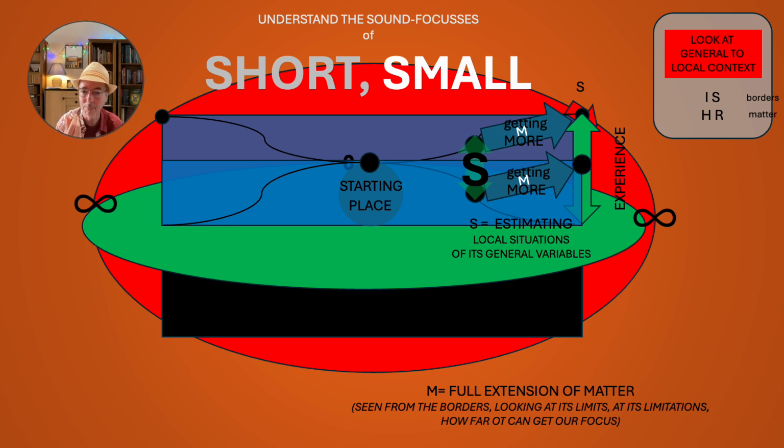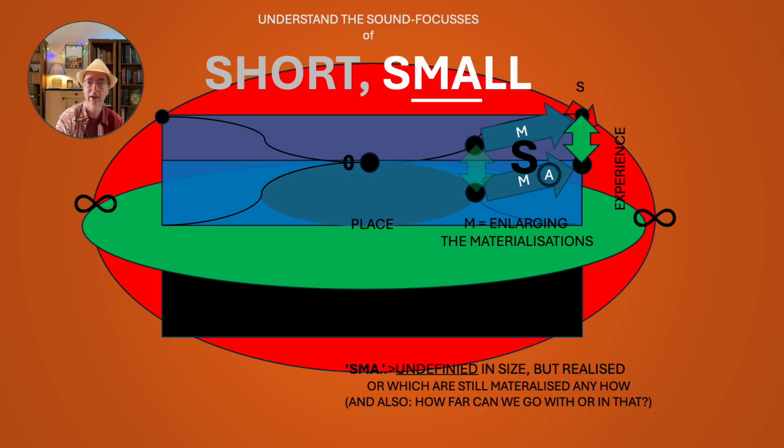So you want to have more variables. You want to look closer. So that's what it actually is doing by using this letter. And SMA we have done. So we have that first, that undefinedness in size, but the realization of what is going to become materialized.